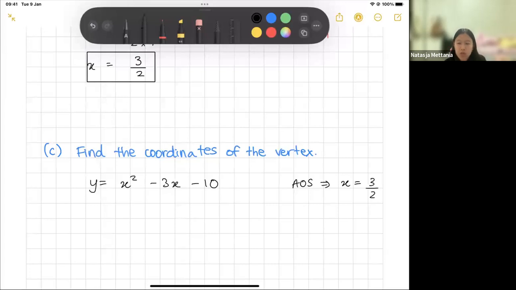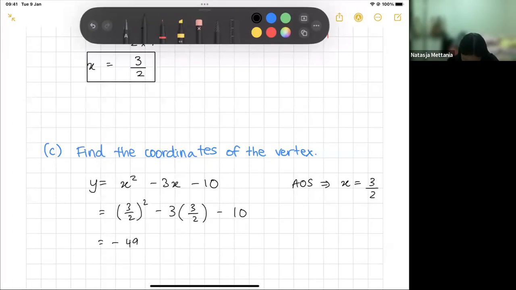What I'm going to do is put 3 over 2 wherever x is. So 3 over 2 squared minus 3 times 3 over 2 minus 10. Put this all into the calculator just to make your life easier. And we should get negative 49 over 4 for my y value.